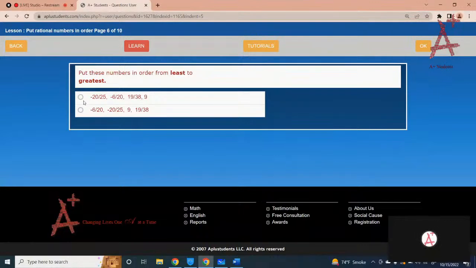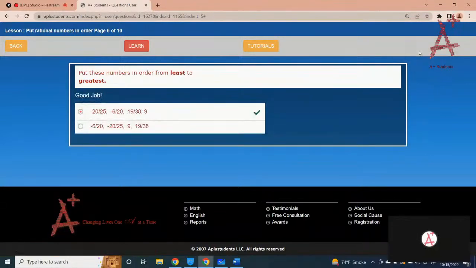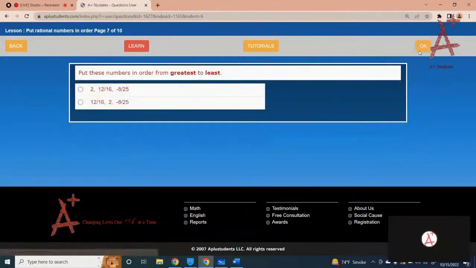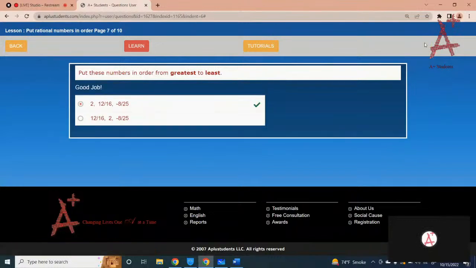Got it? Okay, put these numbers from greatest to least. Yes, 2 is the greatest one. Then you have 12 over 16. Yes, it is. And then we have negative 8 over 25. Got it?